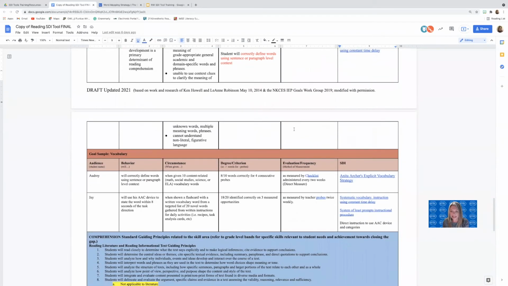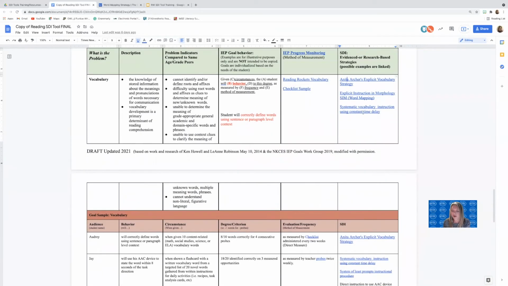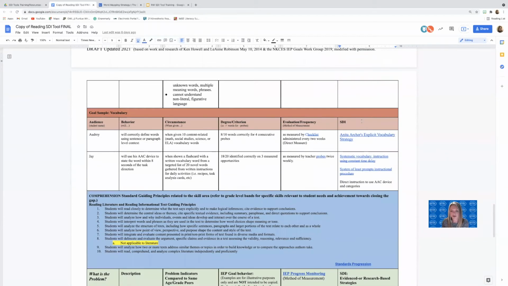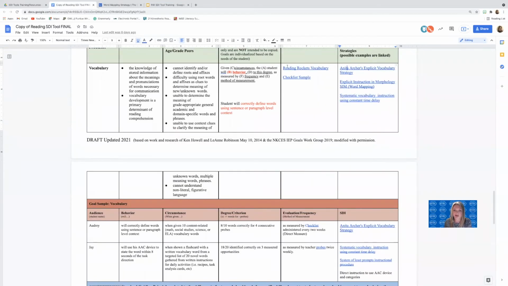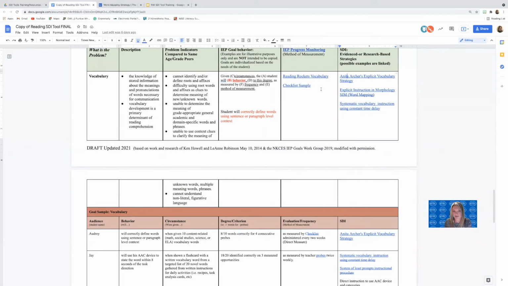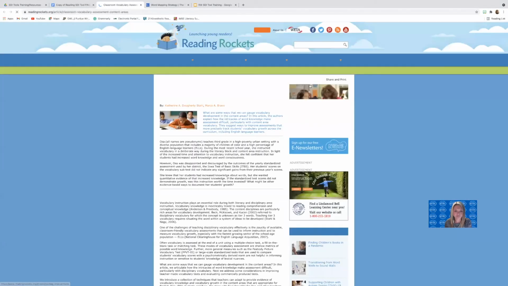All right, and then after you have implemented these strategies, there are some other resources. There's more than the 3 we put on here, because this document is already several pages and we didn't want it to be so cumbersome that you couldn't even look at it. After you do your strategy here, you would need to progress monitor it. So you can click on here.